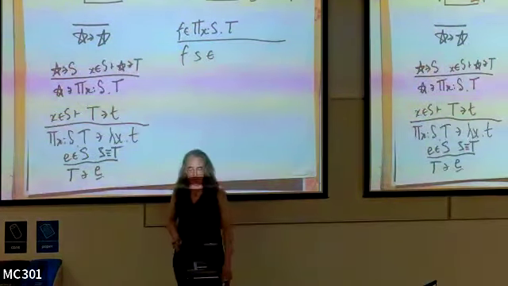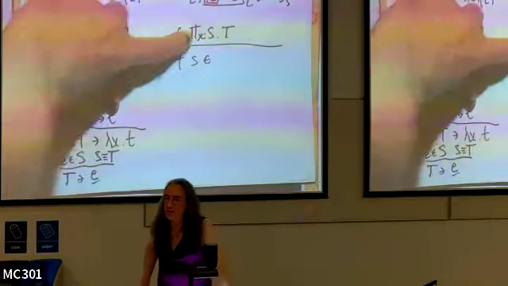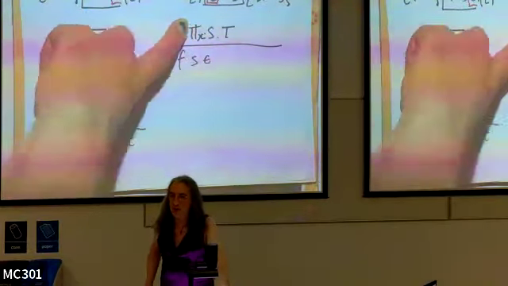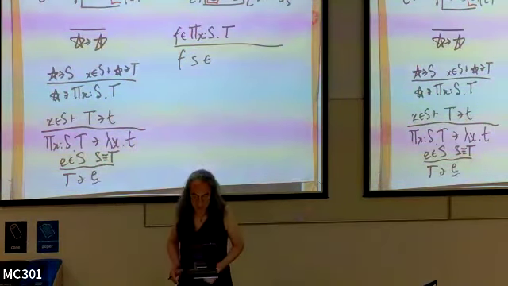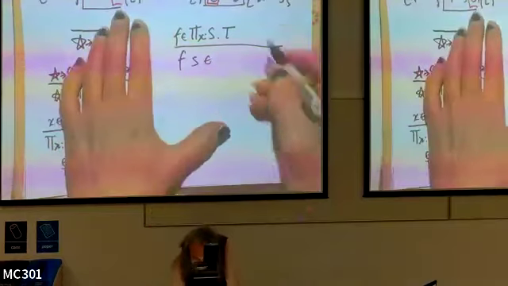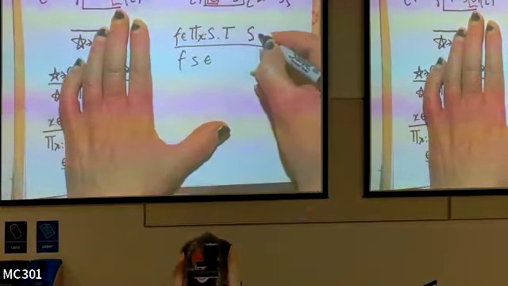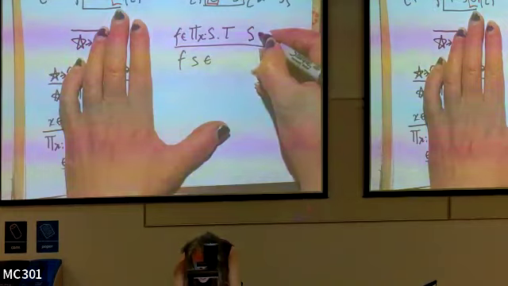So whoever synthesized this type for us is promising us that this is a type, and correspondingly by inversion, we know that S and T make sense. So we're now entitled to check that big S is little s.